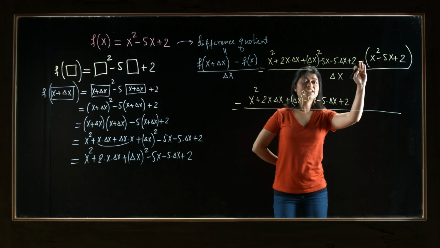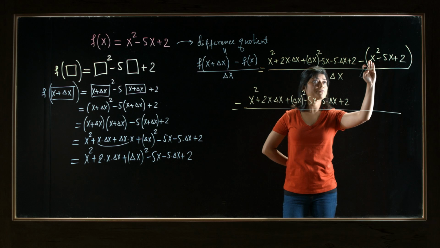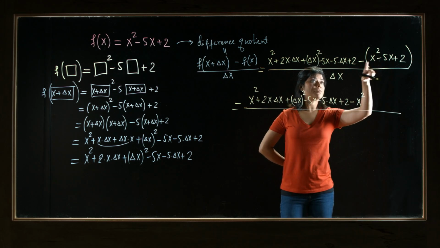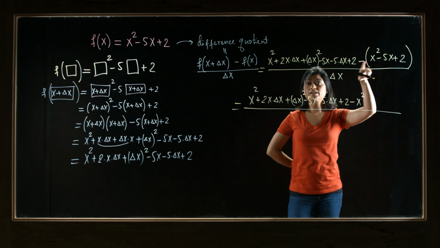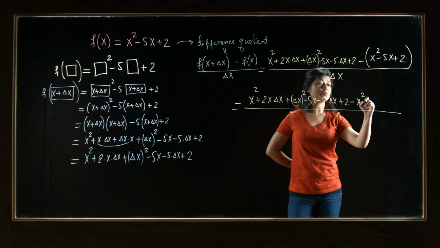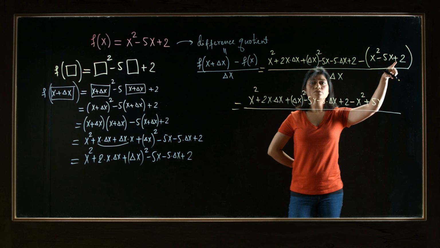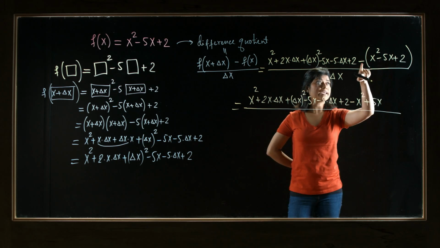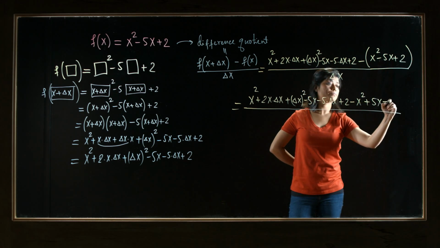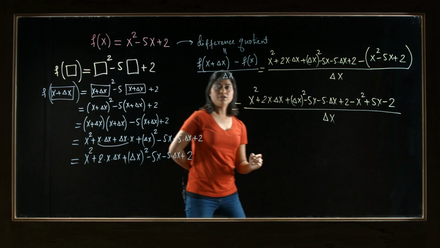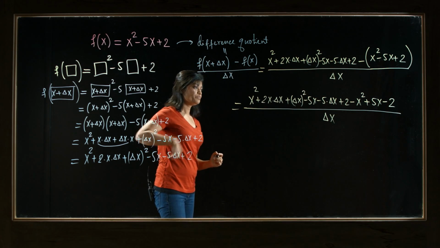And now the negative distributes, so this will be minus x squared. In the next term, the minus and the minus will become a plus sign, so it will be a positive 5x. And then the last one is also going to be negative, because negative times positive is a negative. And you have delta x in the denominator.